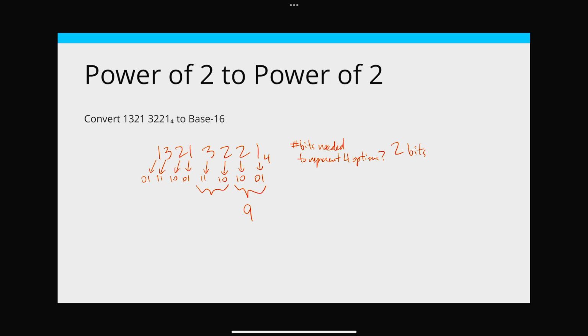That's going to be an E. This is 9. And this is 7. So here we go in base 16. Okay? When in doubt, convert to binary. When you have 2 different powers of 2, both base 4 and base 16, those are powers of 2.